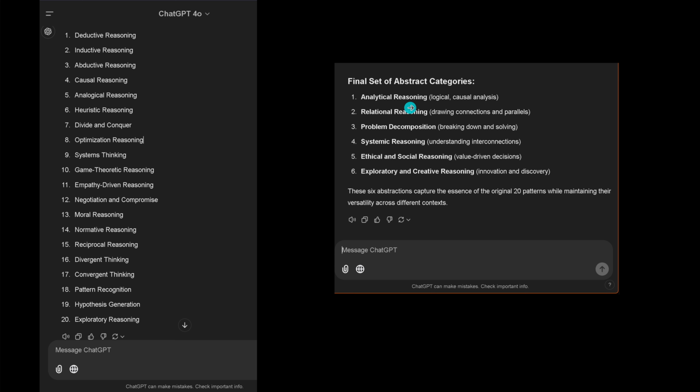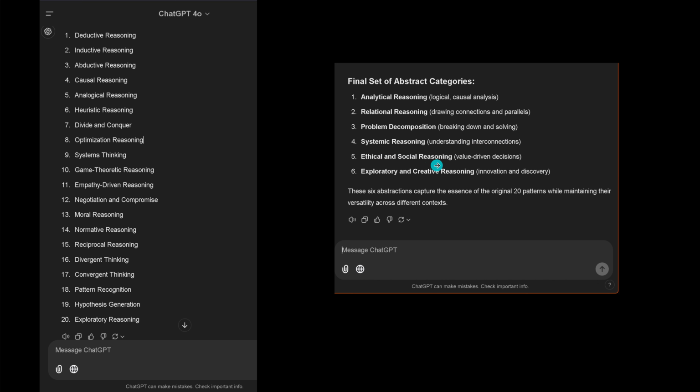We go for analytical reasoning, so the logical causal analysis; the relational reasoning, so for the connections and whatever happens in the dependencies; the problem decomposition to break down a real complex task into smaller subtasks and solving this; then the systemic reasoning, understanding the complex interconnect to the environment.